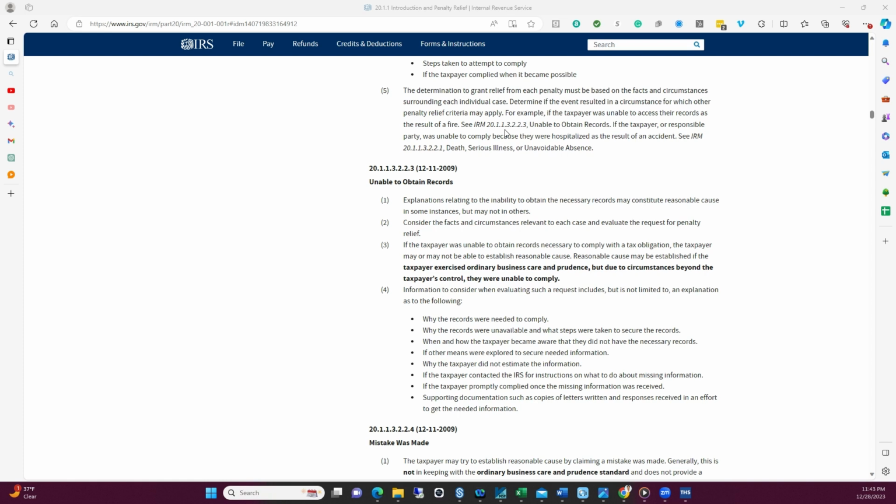I know that's very minor in the whole scheme of things, but down the road, if something like this happens and you miss a couple of years filing as a result of just trying to get your family back on track, definitely take the opportunity to request penalty relief for those periods. So unable to obtain records is one.